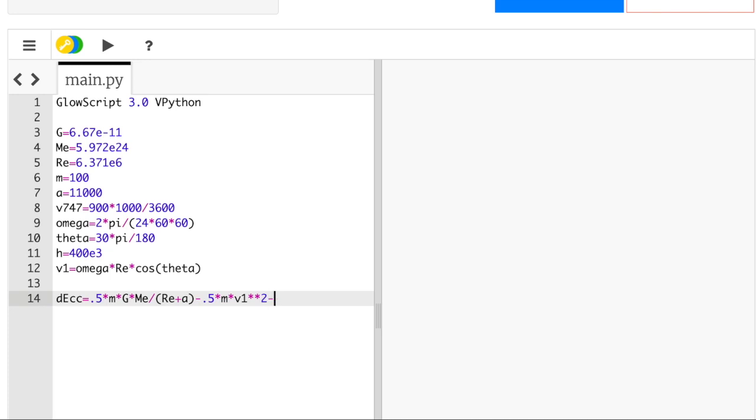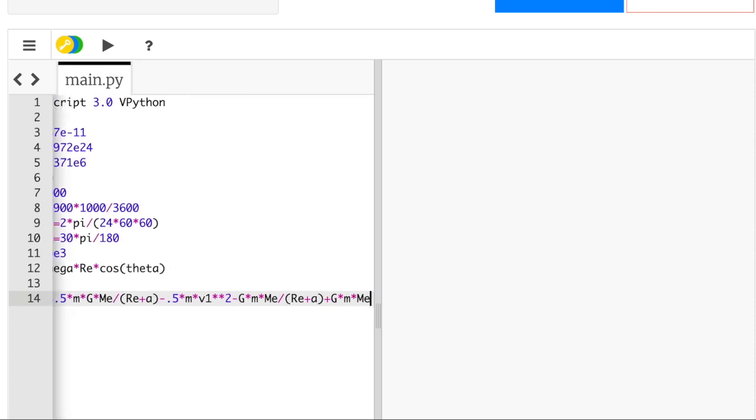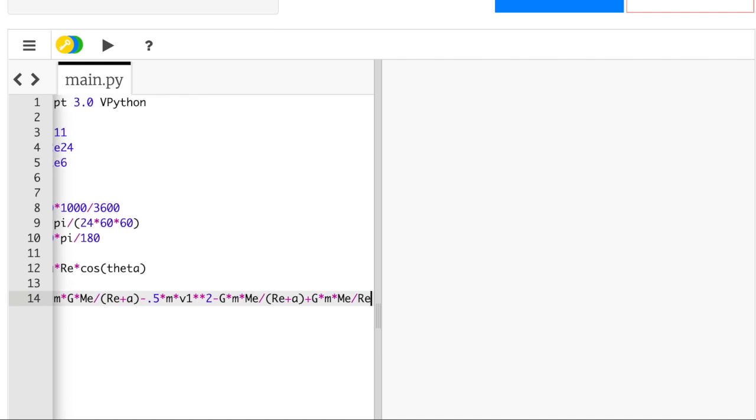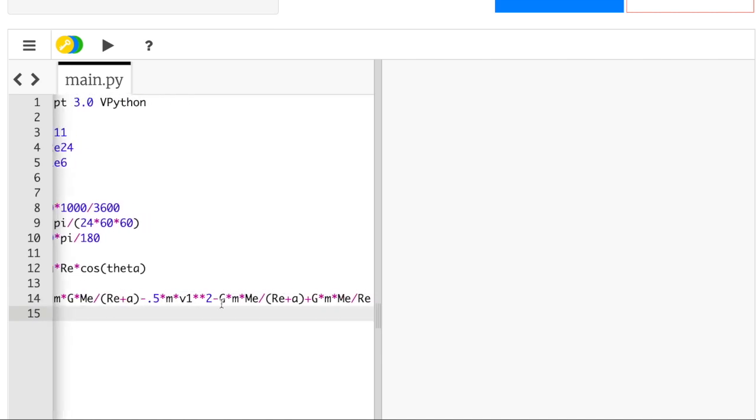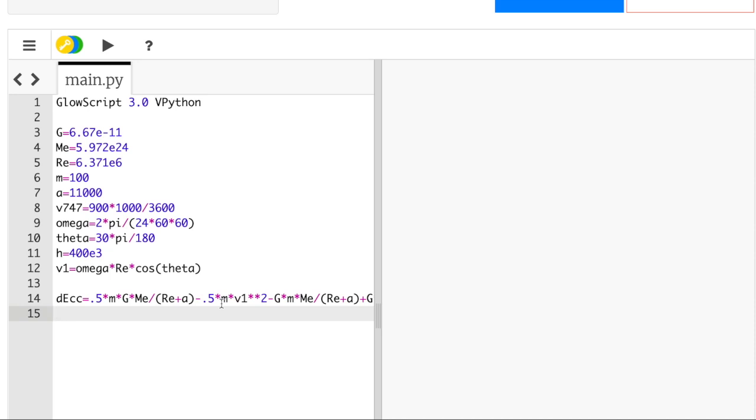And now I'm going to say minus G times mass times M_E divided by R_E plus A, plus G times m times M_E divided by R_E. That's my change in energy for launch from Cape Canaveral. So let's go ahead and print that.